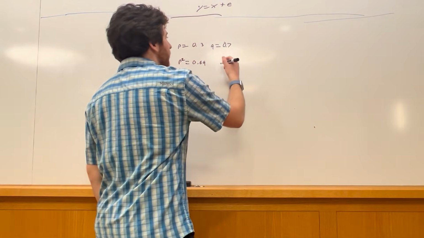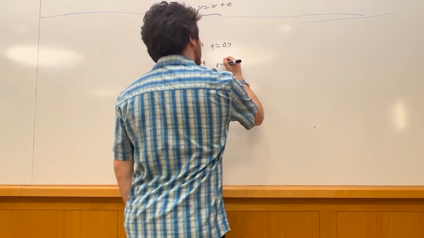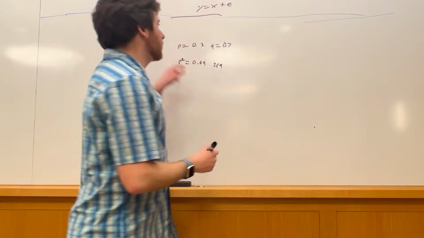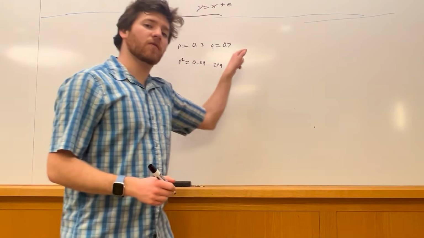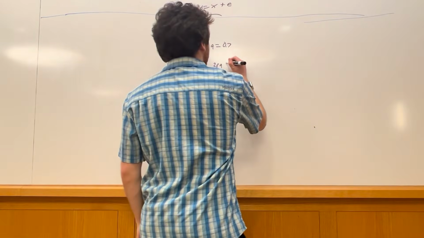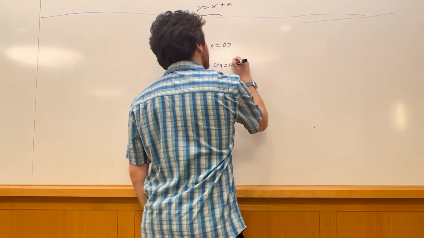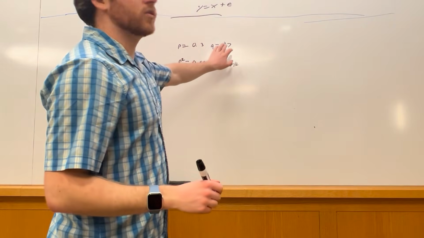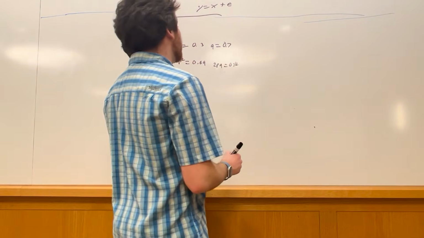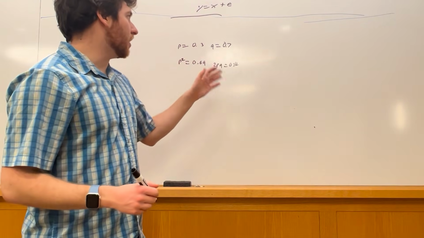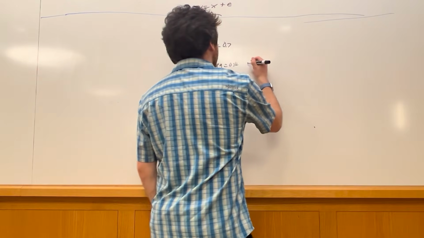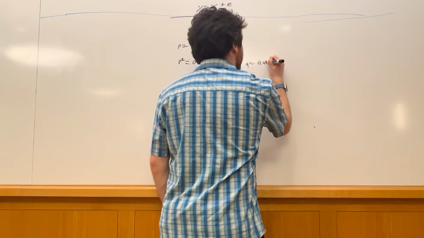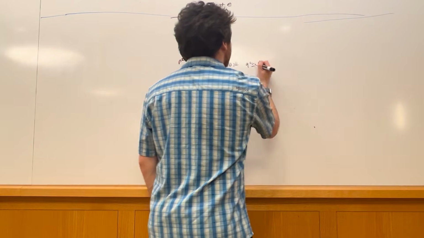The number of PQs, of heterozygotes, is actually 2PQ, because you can either be a Q first and then a P, or a P first and then a Q, and so it's 0.21 times 2, which is equal to 0.42. And then last but not least, the number homozygous for Q is going to be equal to 0.49, which is Q squared.